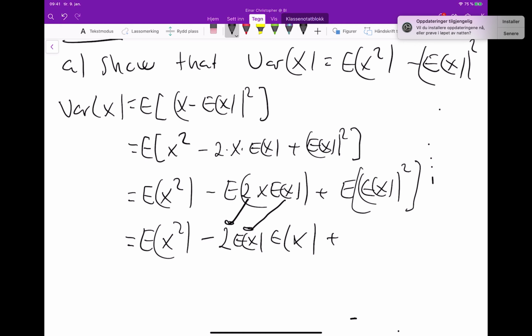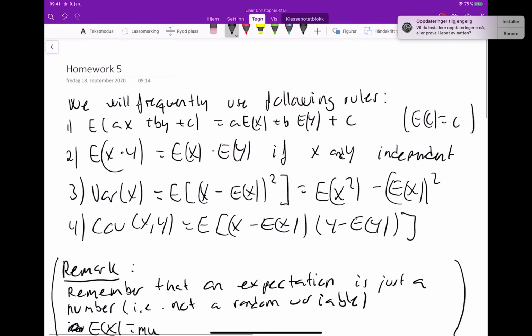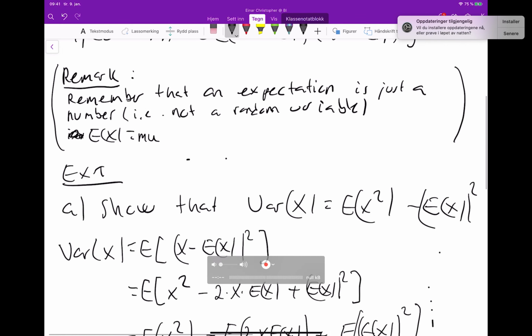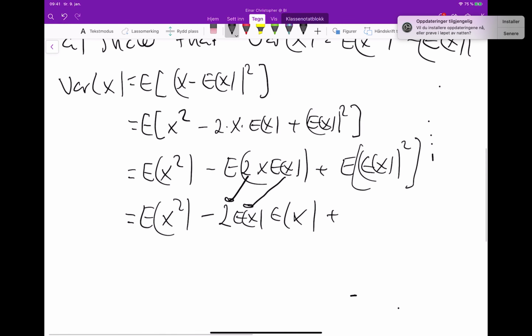Plus, and since the expectation of x is a constant, the expectation of x to the power of 2 is a constant, so I can put this outside the expectation, or just think that the expectation of this constant is the constant, using the fact that the expectation of a constant is just c. So nothing special about this, so therefore this is the expectation of x to the power of 2.